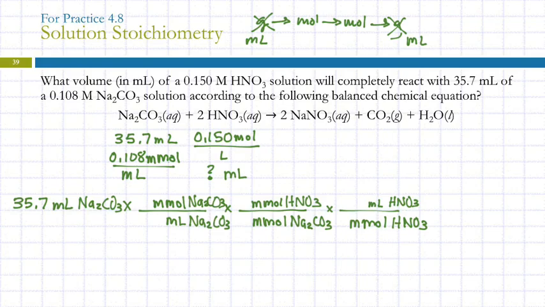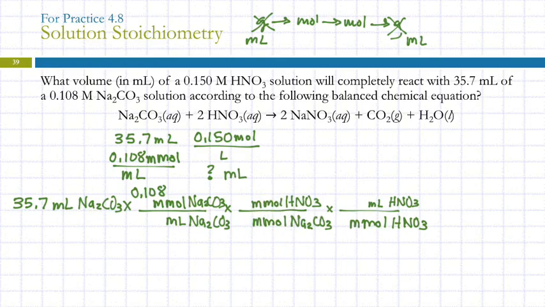Then you have to convert back to milliliters. So I did this like liters to moles to moles to liters, but I threw milli in front of everything. So millimoles per milliliter, that's the same as this concentration because I can do that up here as well. So that would be, and I don't have room for the numbers now, 0.108 millimoles of sodium carbonate solution per milliliter.